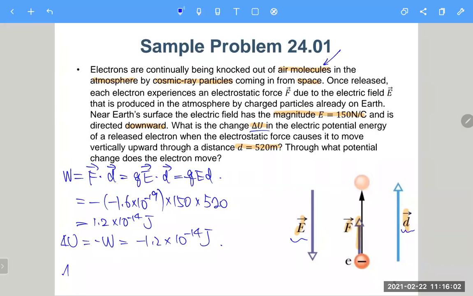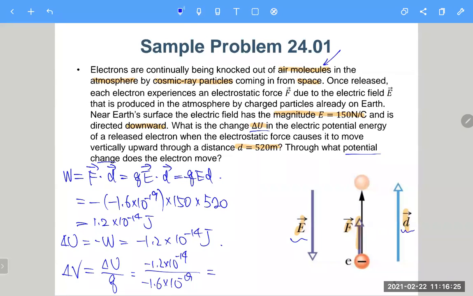So actually delta V, we also want to find what the potential change is. So delta V is delta U over q. So it is minus 1.2 times 10 to the minus 14 over minus 1.6 times 10 to the minus 19.